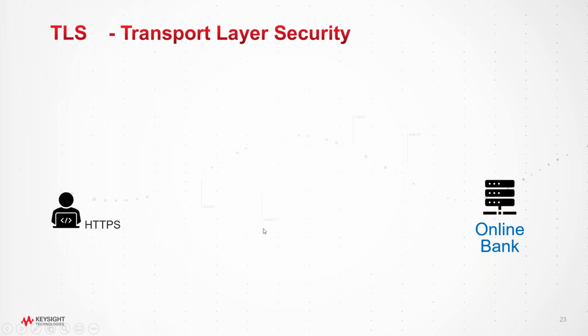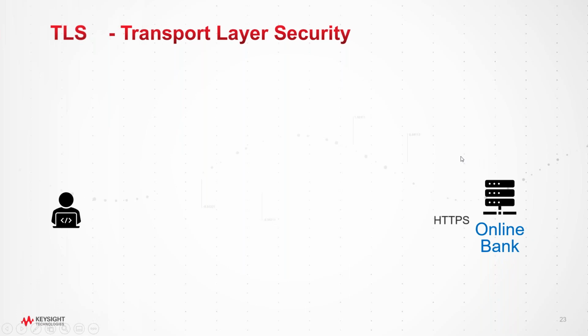Again, a protocol that you're very familiar with, HTTPS, is how we create trust with an online bank over the internet. And HTTPS uses TLS as the underlying protocol. Now, in this scenario, the certificate that is trusted is actually on the online bank.